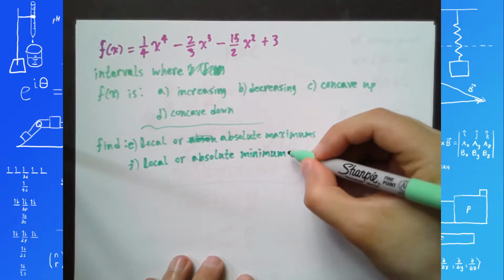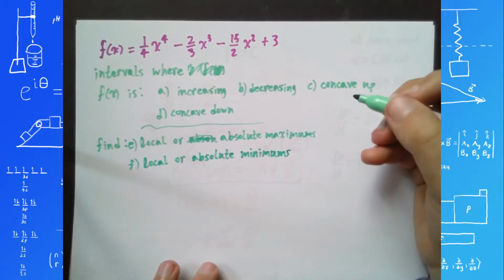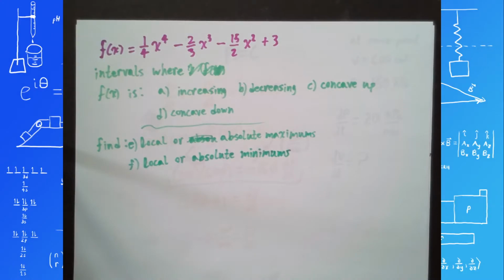I mean, technically it should be minima and maxima. That would be the correct plural, but I don't expect everybody to know that, so I want to avoid confusing too many people for now.